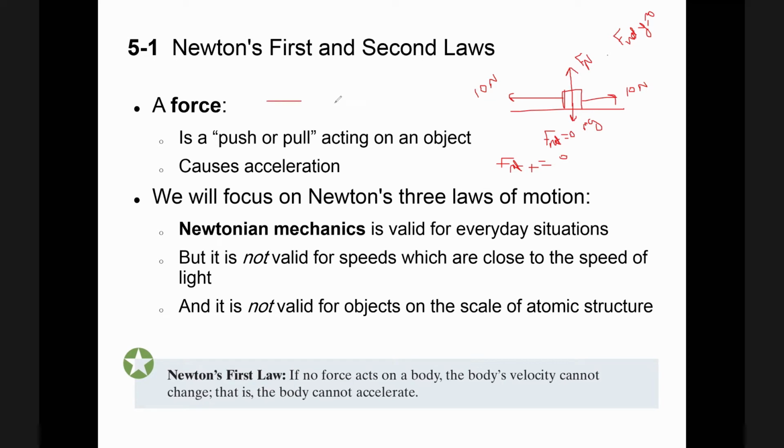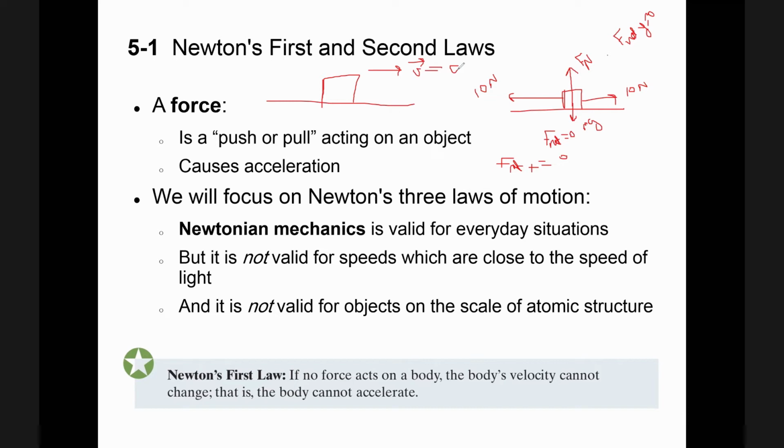Isaac Newton said there is an object sliding, maybe to the right, with V that is constant. What does it mean that V is constant? V is constant means 10 meters per second. It doesn't change direction. It keeps sliding with the same speed or velocity, 10 meters per second. And Newton said this object doesn't have acceleration.